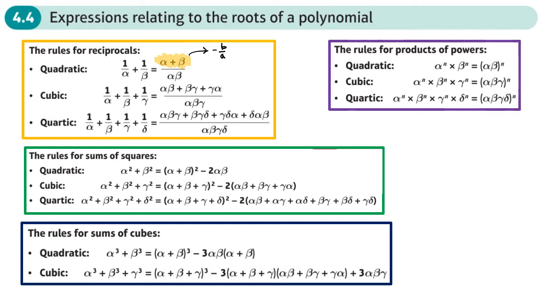And the bit at the bottom here, the alpha times beta, that's the c over a that you find in the roots of a quadratic.